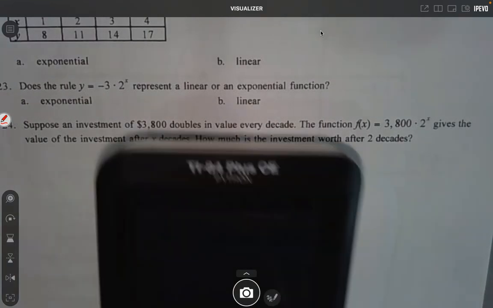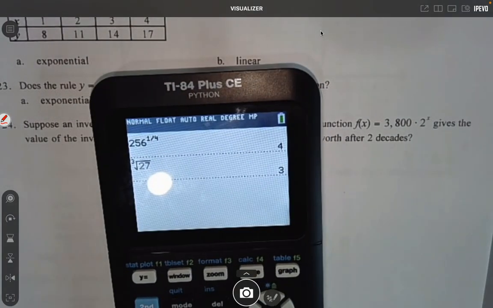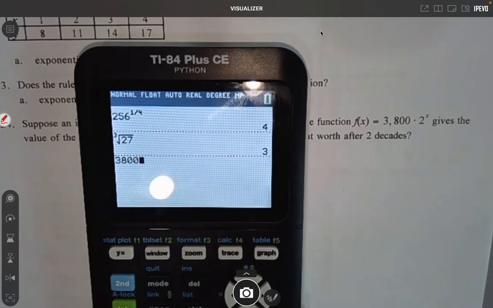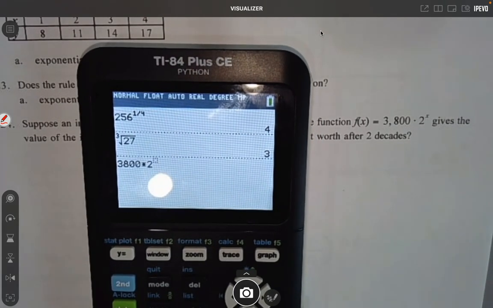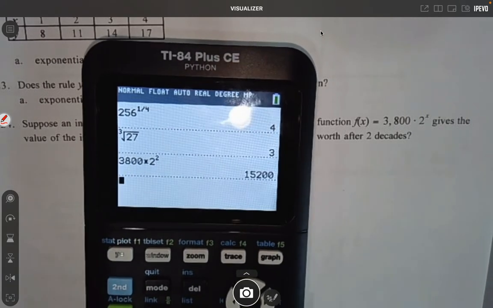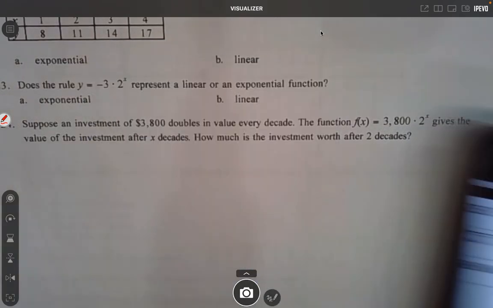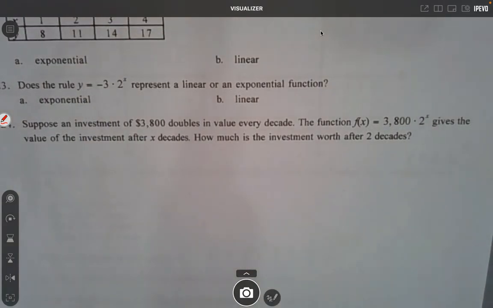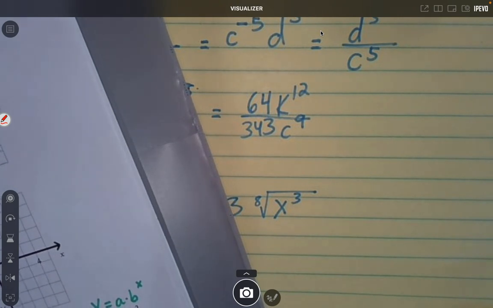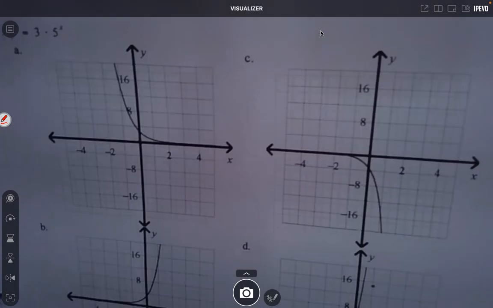So you're just going to do, on your calculator, 3,800 times 2 to the 2. 2 decades. So your answer is $15,200. That's how much it's worth. $15,200. Are y'all okay with that one? Yeah? All right, almost done.